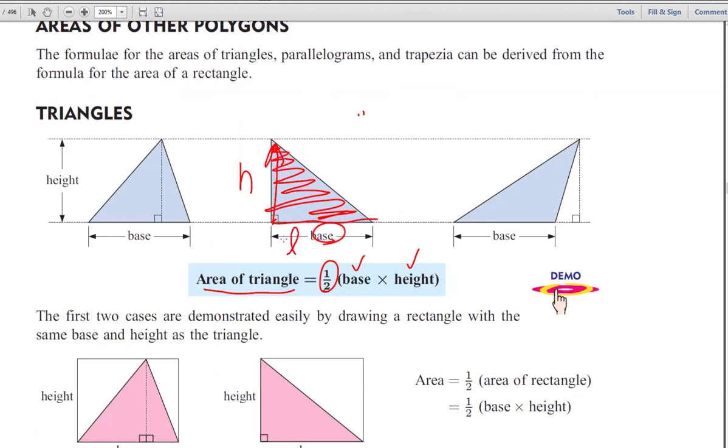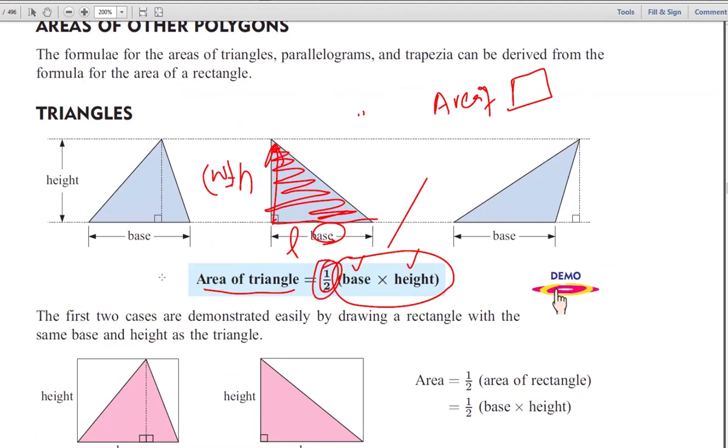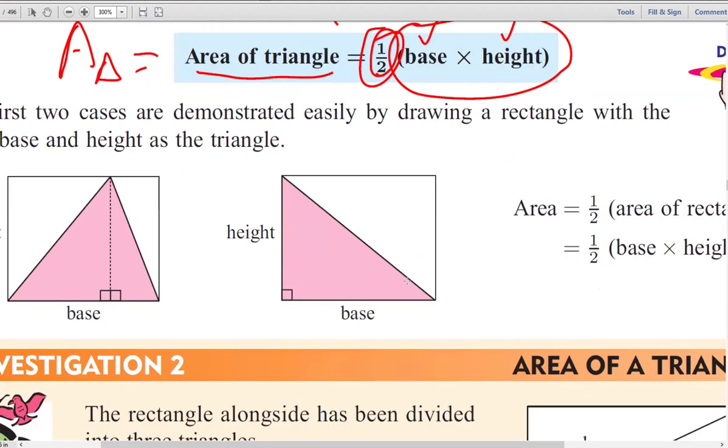This could be length and width, and if you multiply them you would get the area of the rectangle, and if you just half it, you would get the area of the triangle.